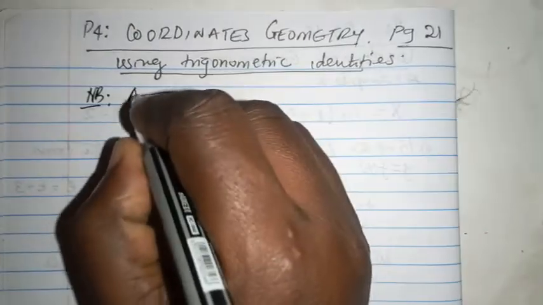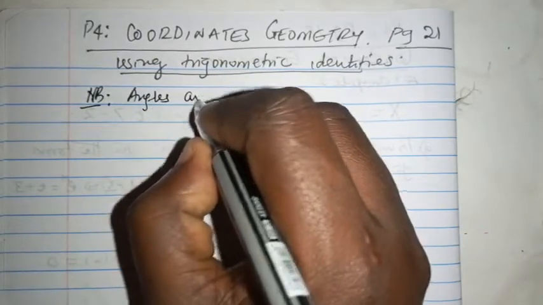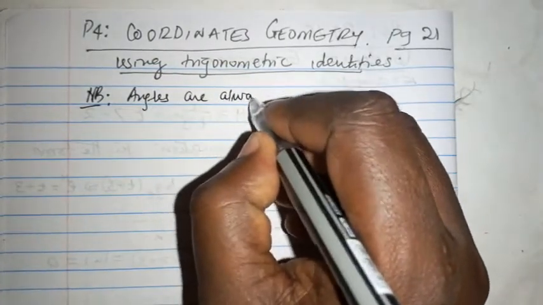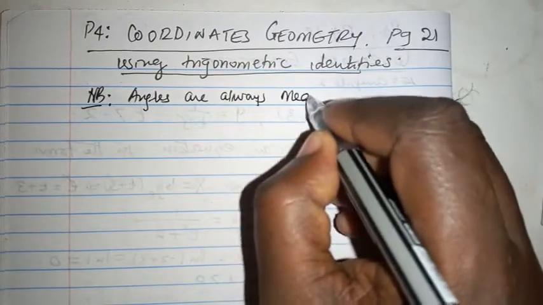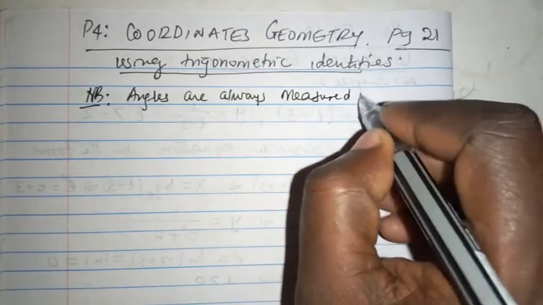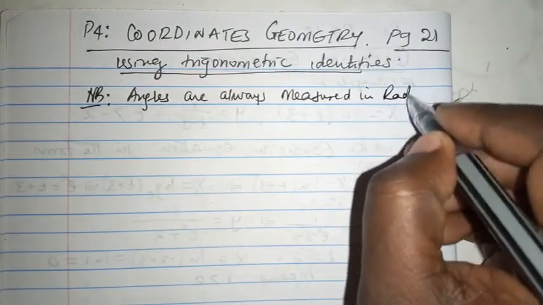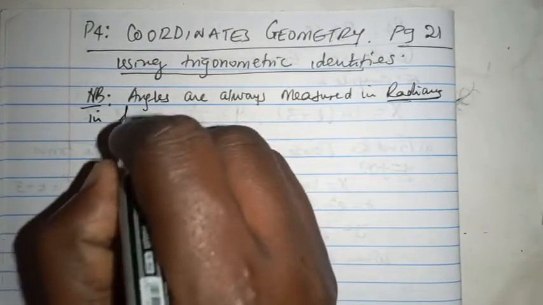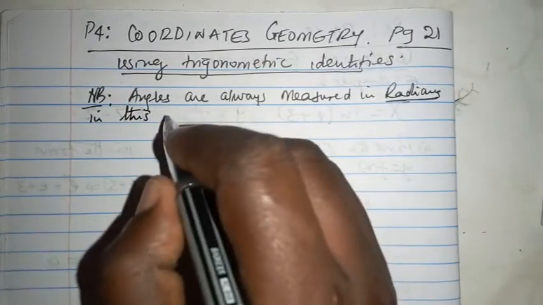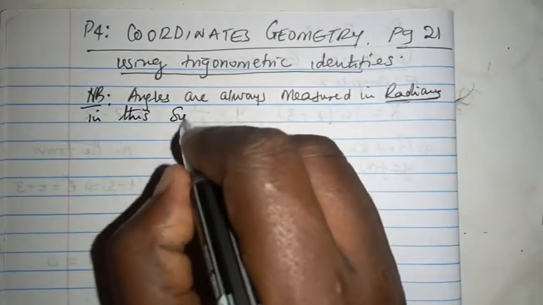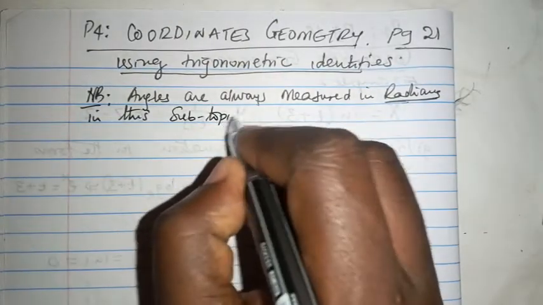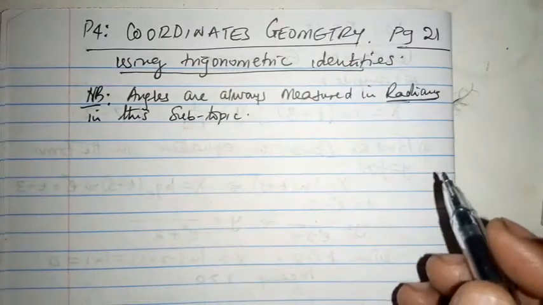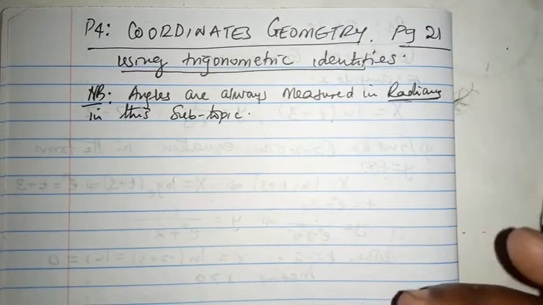NB. Angles are always measured in radians in this chapter, in this discussion, or in this subtopic.